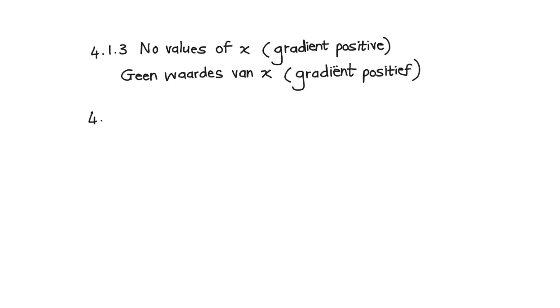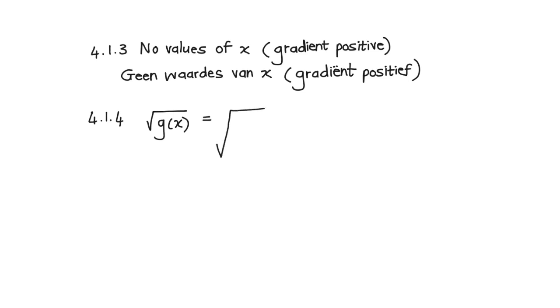Then question 4.1.4. For which values of x is the square root of gx non-real? Now, when is a square root non-real? Square root is non-real when you have a negative under the square root.